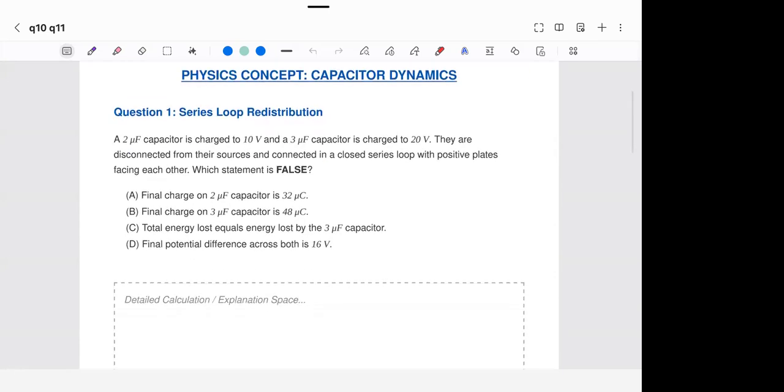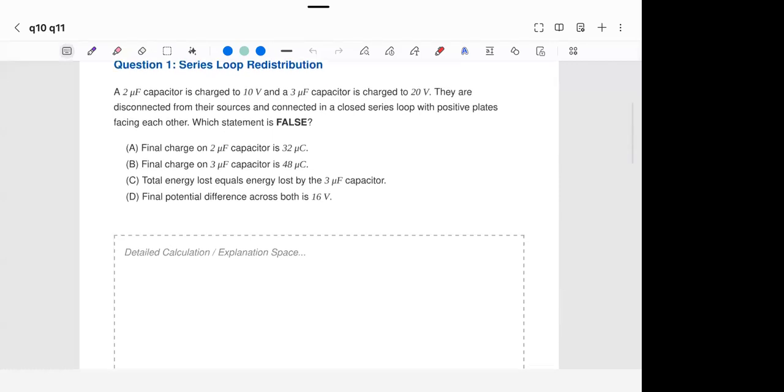Here, a 2 microfarad capacitor is charged to 10 volts. So its capacitance is 2 microfarads.